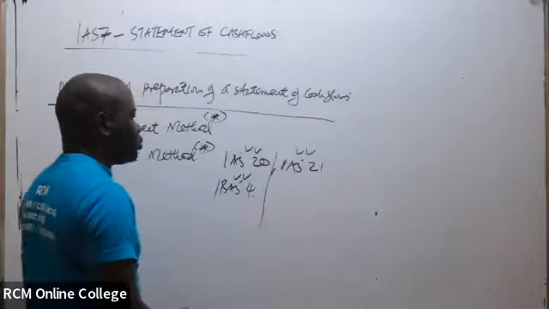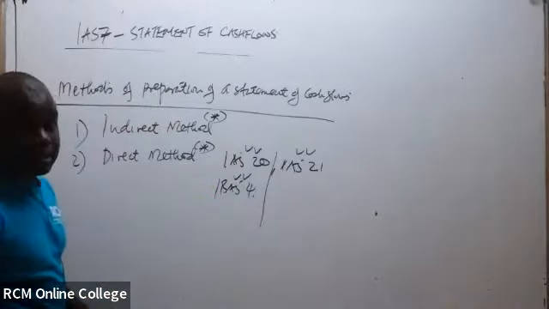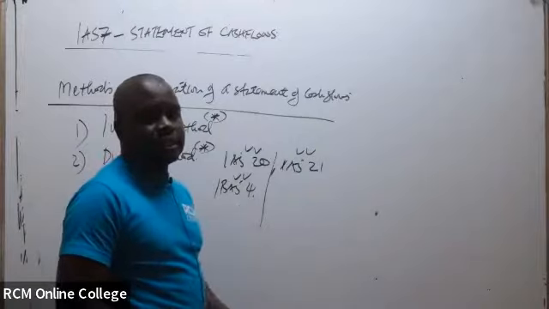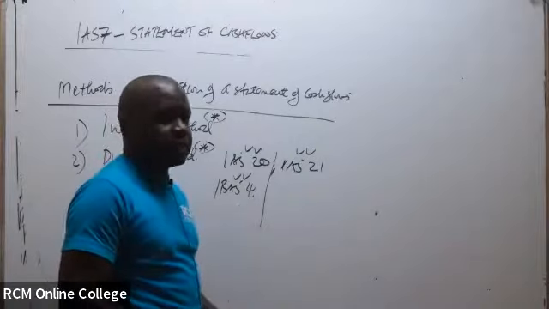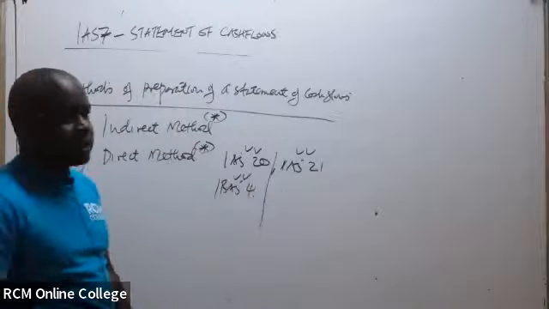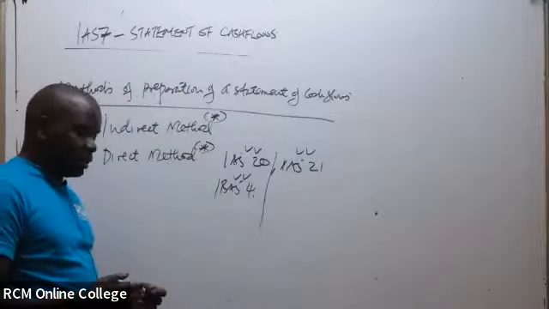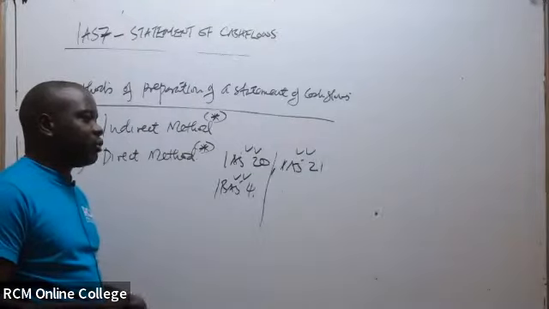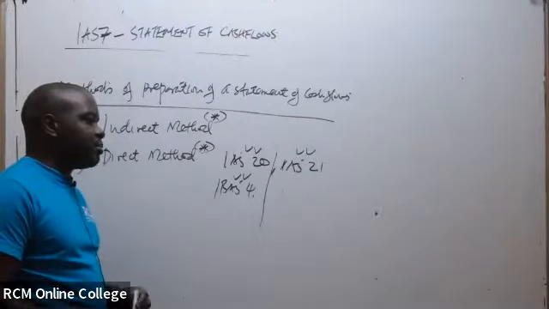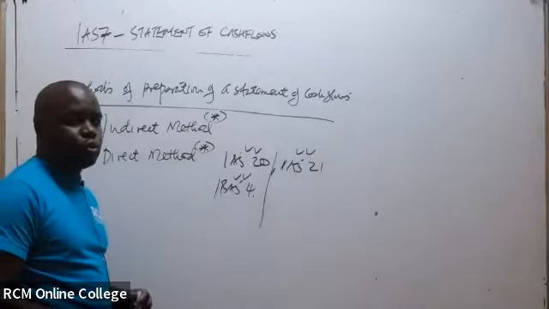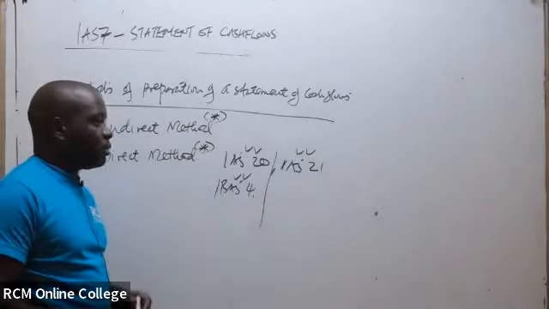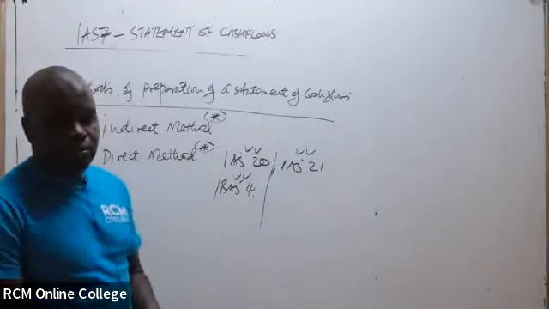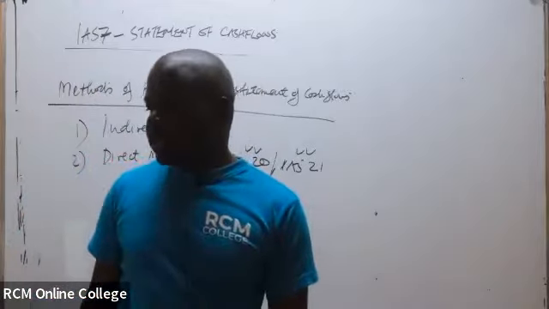One was about government grants. The other one was about foreign exchange transactions. So look out for that handout on the group and go through it. The video I have not yet been able to upload, maybe I'll upload it tomorrow. But the handout I shared, you can go through it. It will help you.